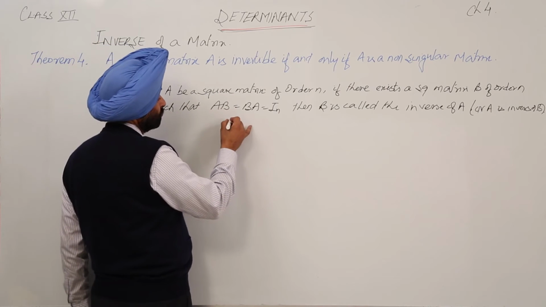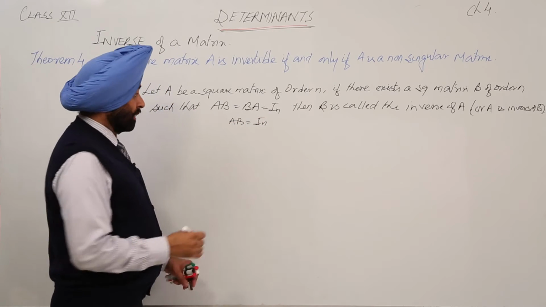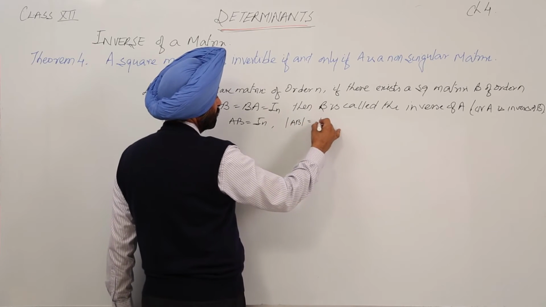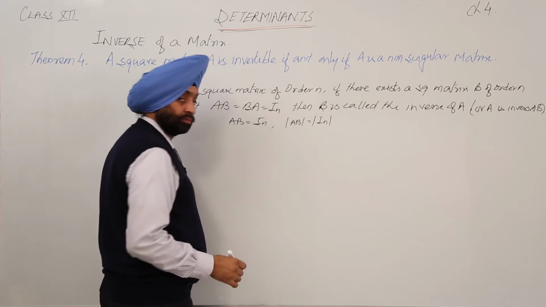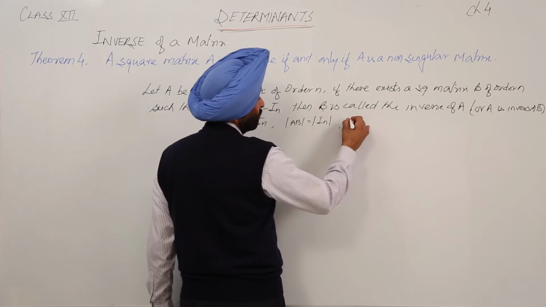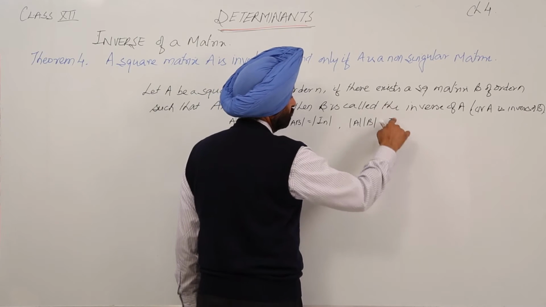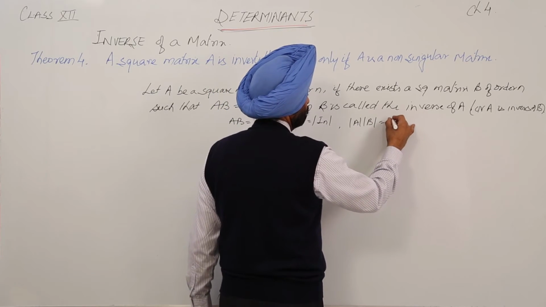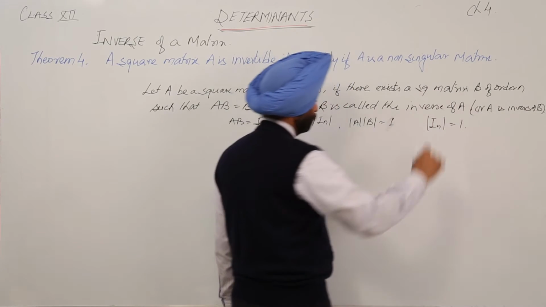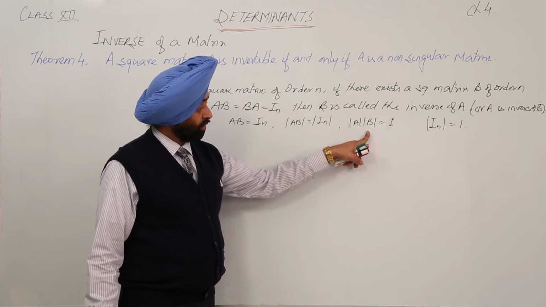Now for this part, suppose we are having AB is equal to the identity matrix, then taking determinant of both sides, determinant of AB is equal to determinant of I_n. Is it clear? Then using the properties of the determinants, we have determinant of A times determinant of B is equal to 1, because the determinant of the identity matrix is equal to 1.